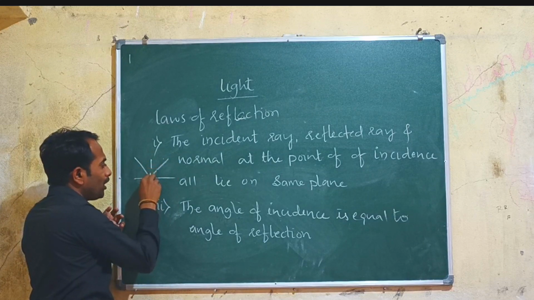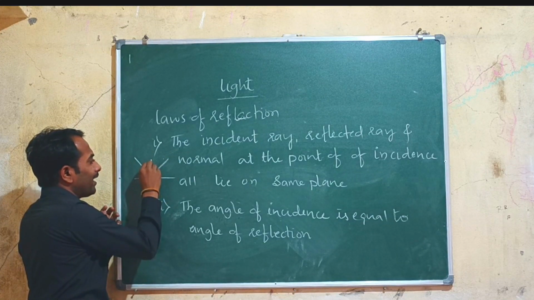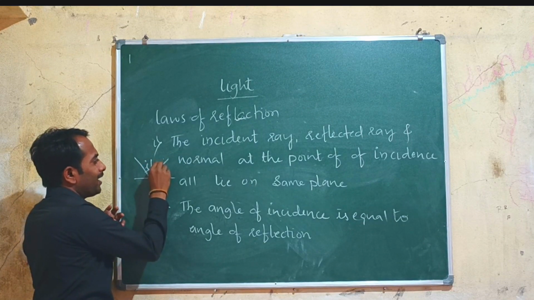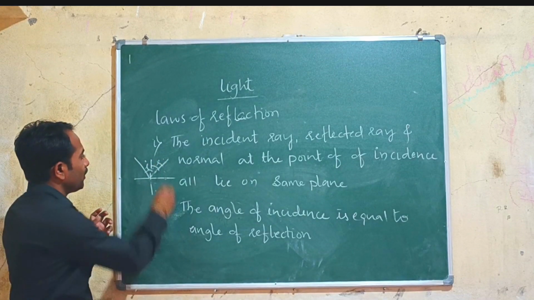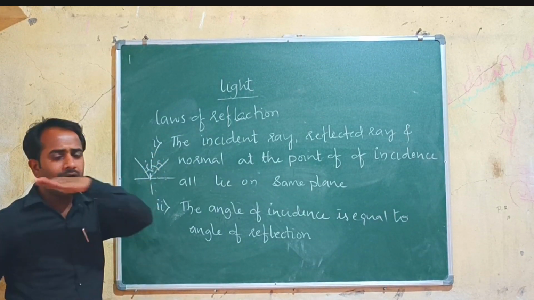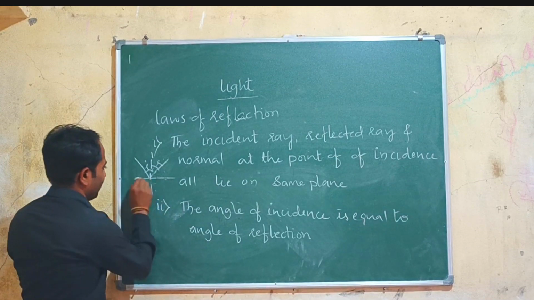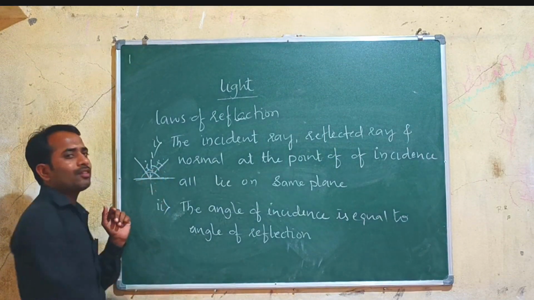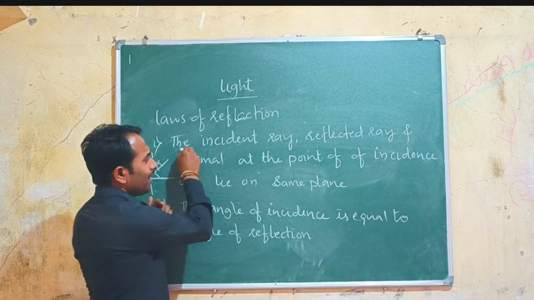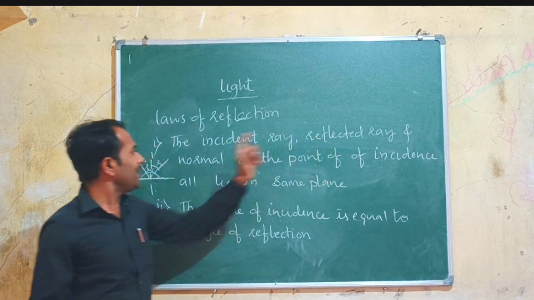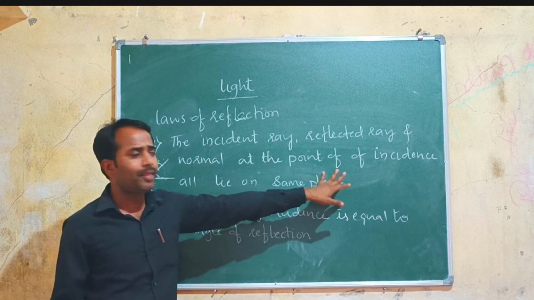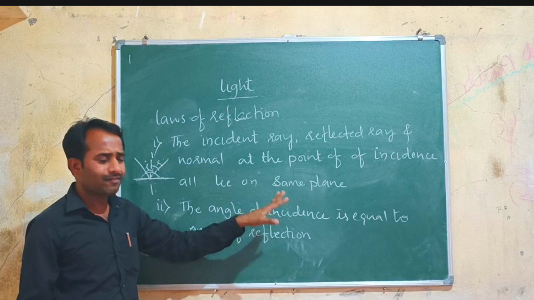We draw the normal to it. The incident ray, reflected ray, and the normal are all on the same plane. The sum of these two angles is 180. The incident ray, reflected ray, and normal at the point of incidence all lie on the same plane.